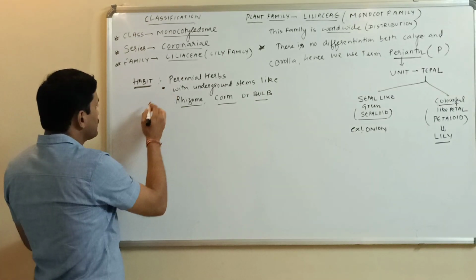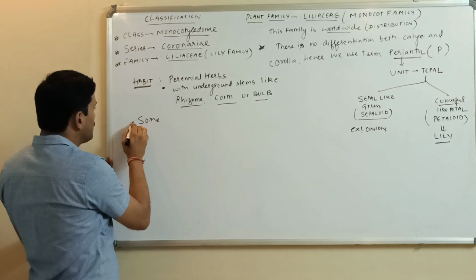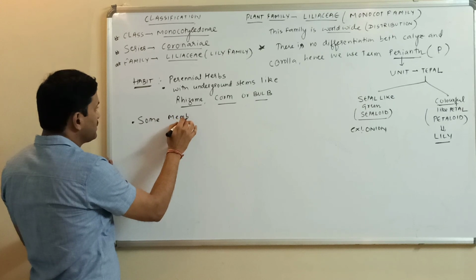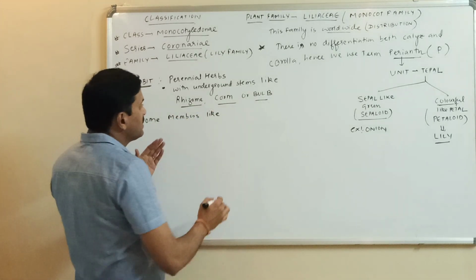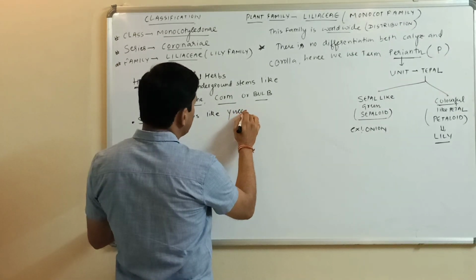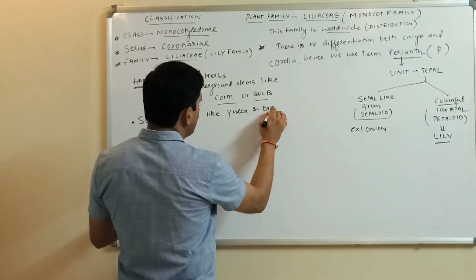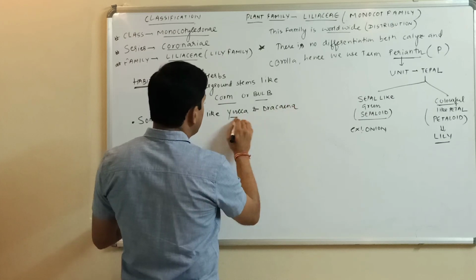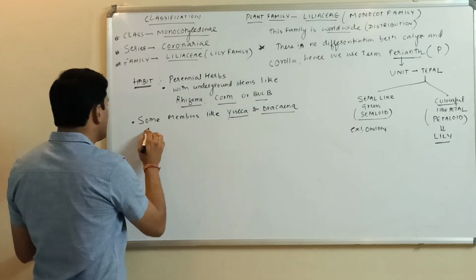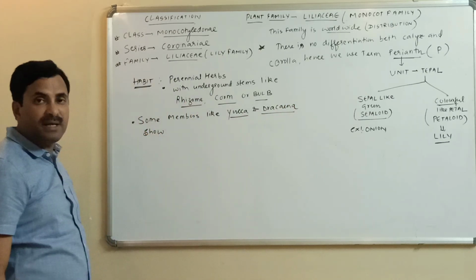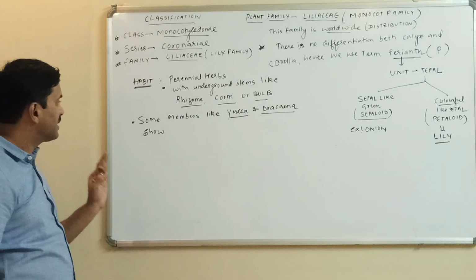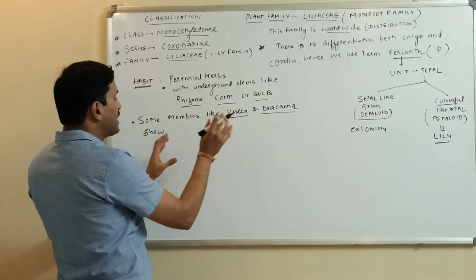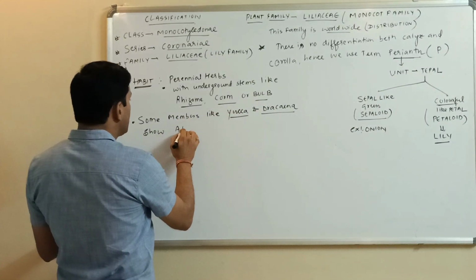And also some members like yucca and dracena show abnormal secondary growth.